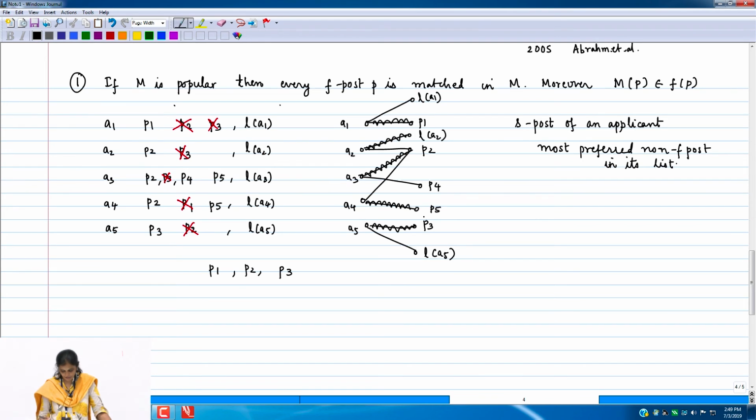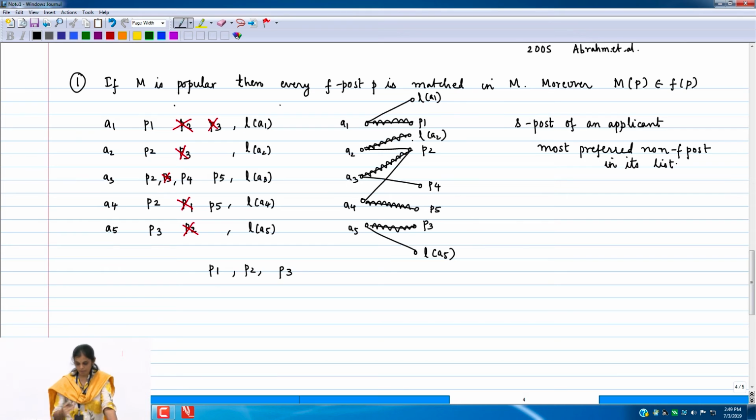Okay, but if that was your intent, you could have also matched A3 to P4 and A2 to P2. That would have avoided even the L of A2.